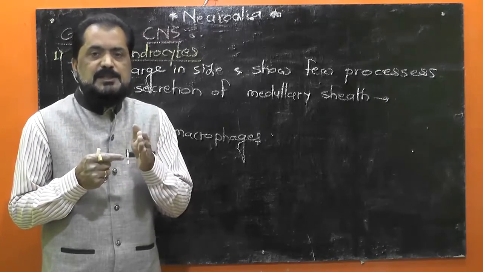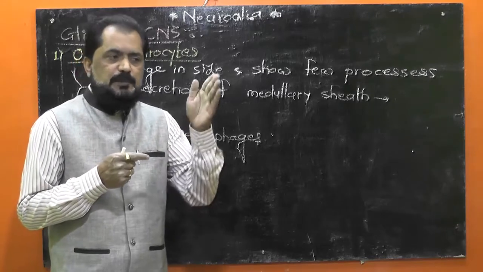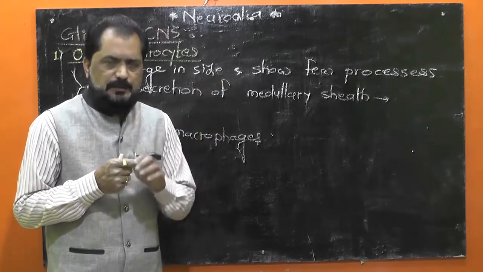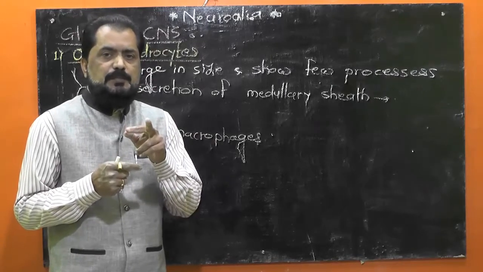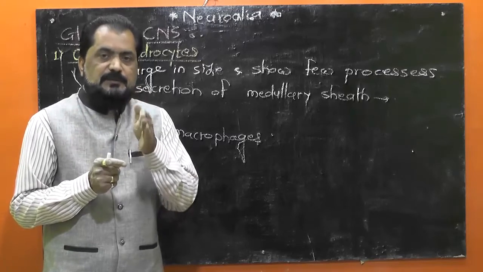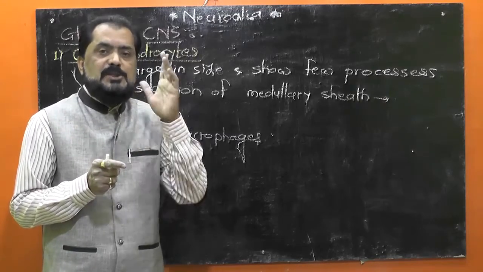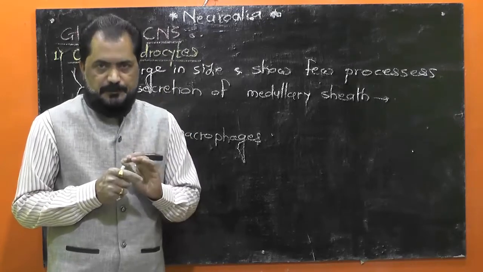So that synaptic cleft does not allow the transmission of nerve impulse from one nerve cell to another, and therefore at the time of conduction of nerve impulse from one nerve cell to another, that cleft, that gap is filled by means of a chemical substance known as neurotransmitter.